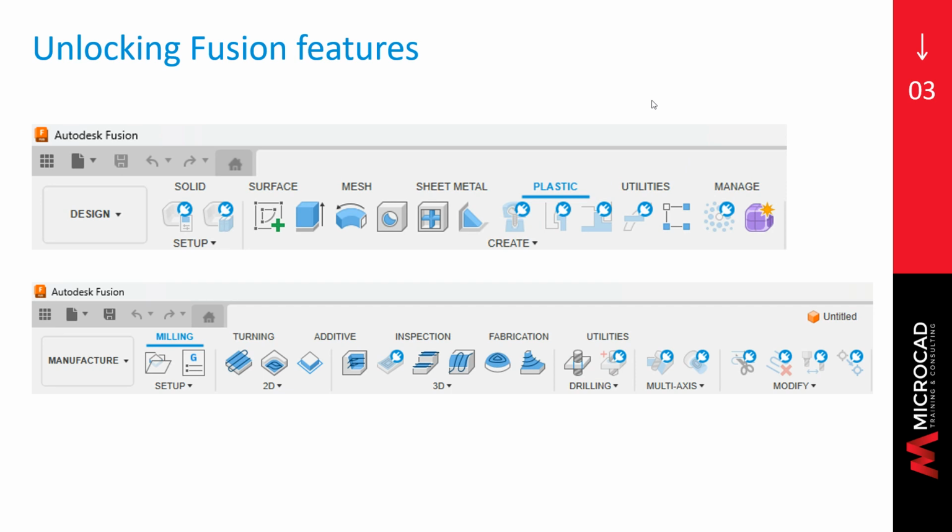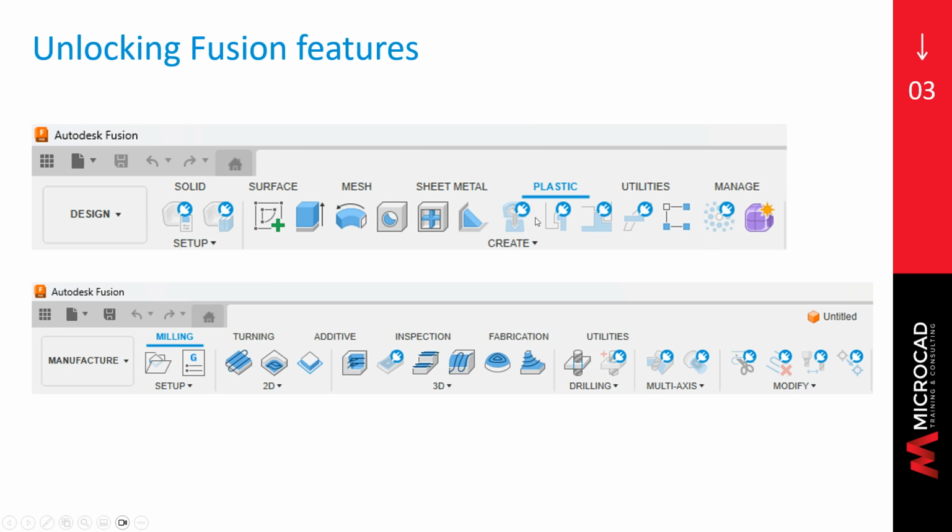All right. So when you're getting just regular plain vanilla Fusion, you might have noticed that you see this kind of light socket icon, right? So each time you see these icons, that means that feature is being locked by an extension.